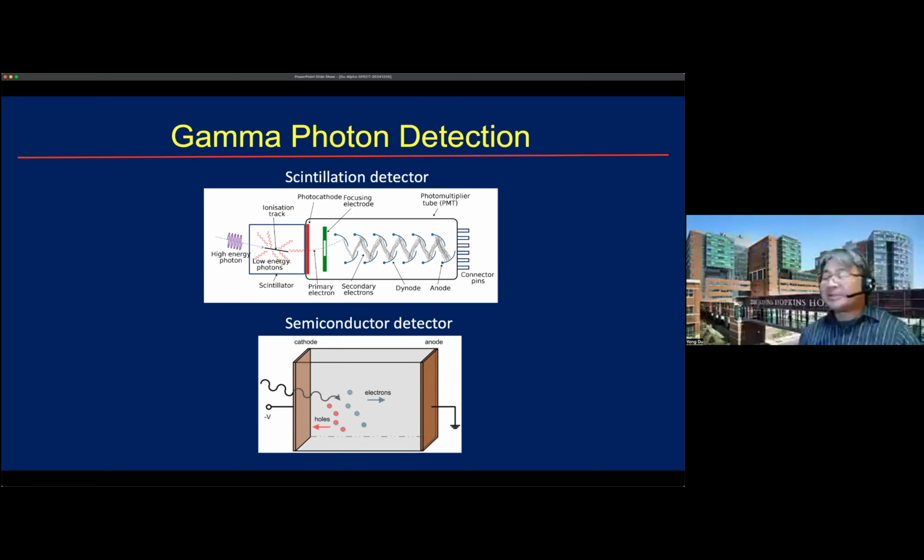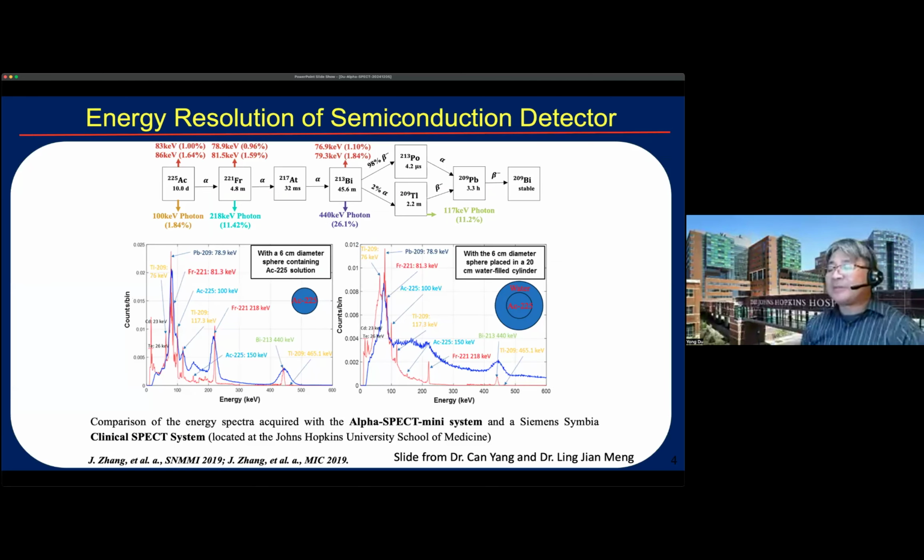Also, it takes only a few eV to generate each electron-hole pair, so we can have many more electron-hole pairs compared to the number of photons here. In summary, the semiconductor will have much higher efficiency and produce higher energy resolution.